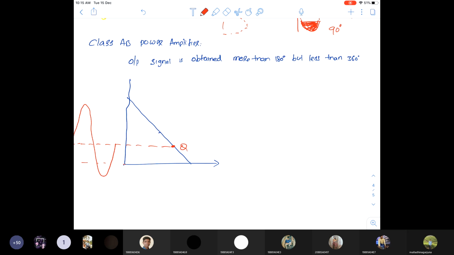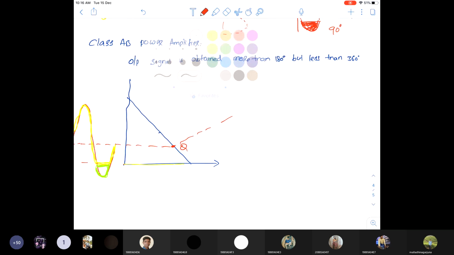The portion above the x-axis will be processed, the yellow colored portion. That portion is above the x-axis, and below the x-axis is the cutoff region, so the portion below the x-axis will be clipped off. I'm drawing that with green color now. This portion will be clipped off, and the yellow colored portion will be processed.